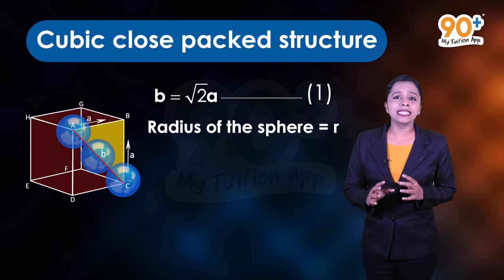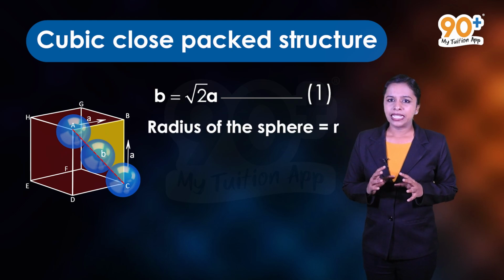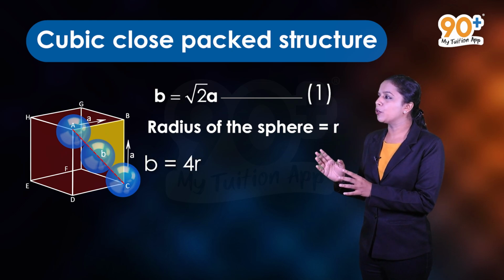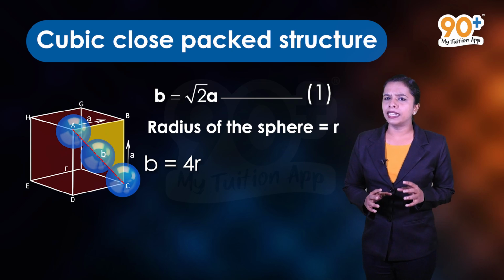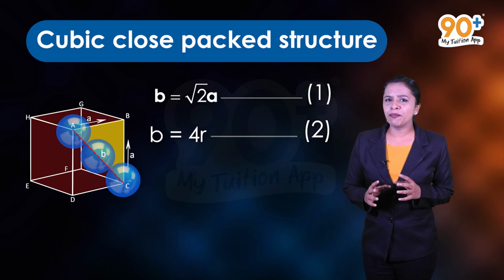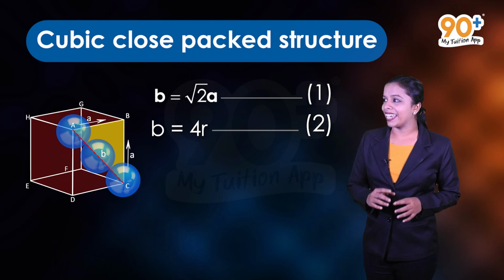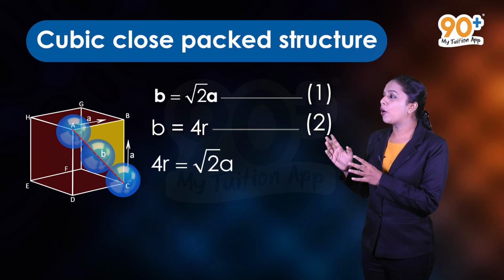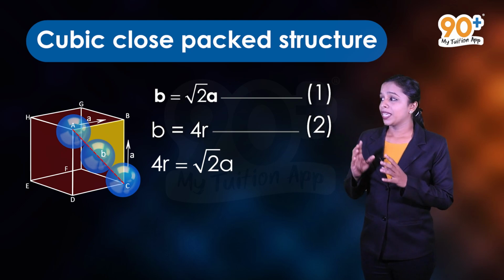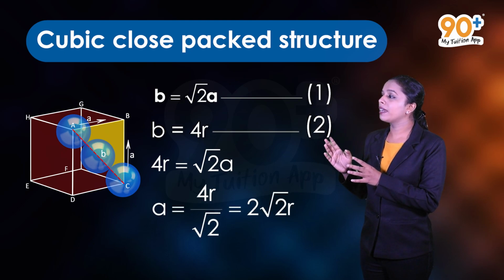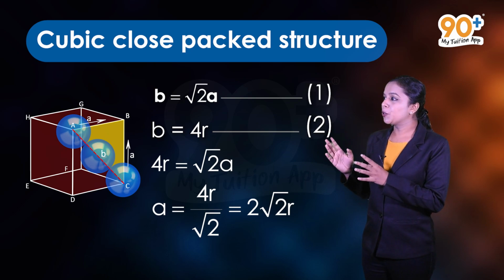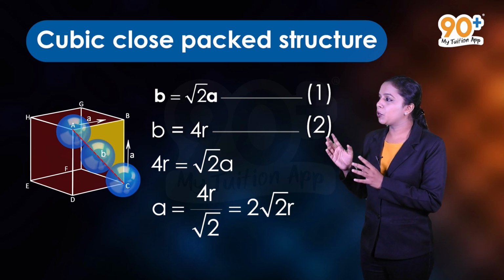If r is the radius of the sphere, then we find that b is equal to 4r. Consider this as equation number 2. Equating both the equations, we get 4r = √2 a, or a = 4r/√2, that is equal to 2√2 r.